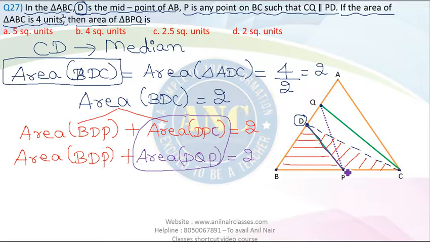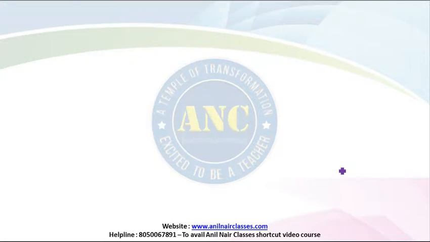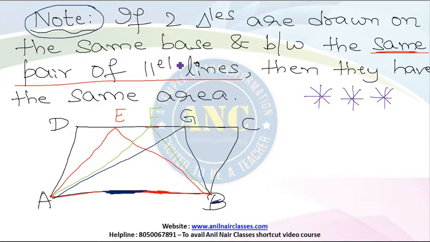The base for that triangle is DP. What is the base for the other triangle DQP? DPQ is also having the same base DP. That means the first condition is satisfied, saying that the two triangles are drawn on the same base and between the same pair of parallel lines.